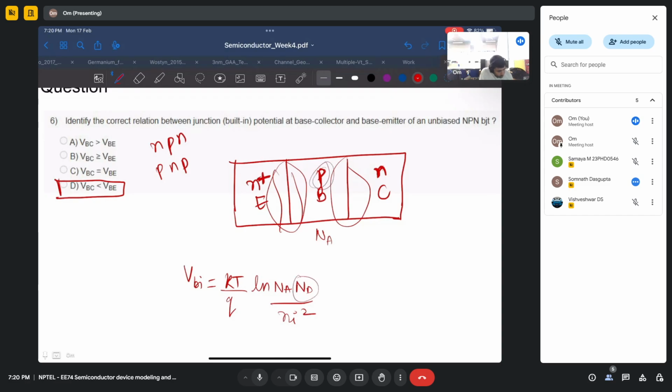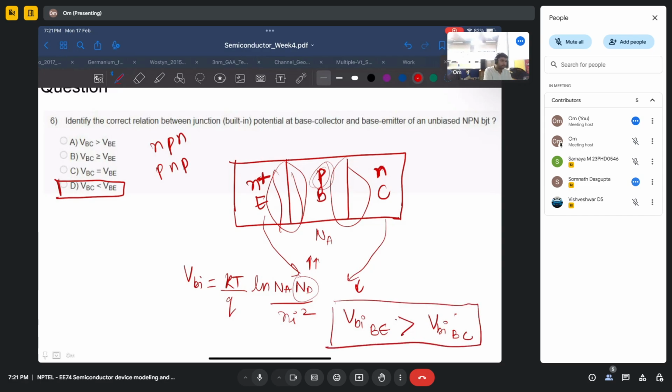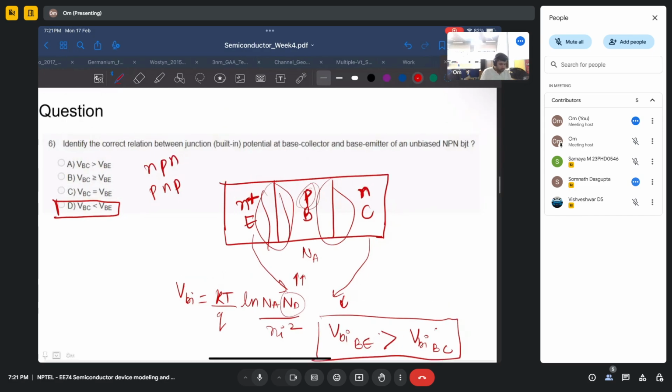But Nd for the emitter is very high, whereas for the collector it is low. So VBI for base-emitter will be higher than VBI for base-collector. Okay, this is a simple question.